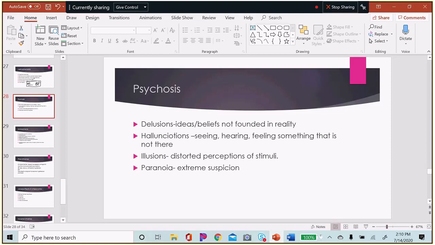Hallucinations are seeing, hearing, or feeling things that aren't there. An illusion is a distorted perception of stimuli. So I could see something, but the way it appears to me is not how it appears to other people. If I'm looking at the light, it might be different and distorted for me than it is for you, because my ability to take in information is changed.